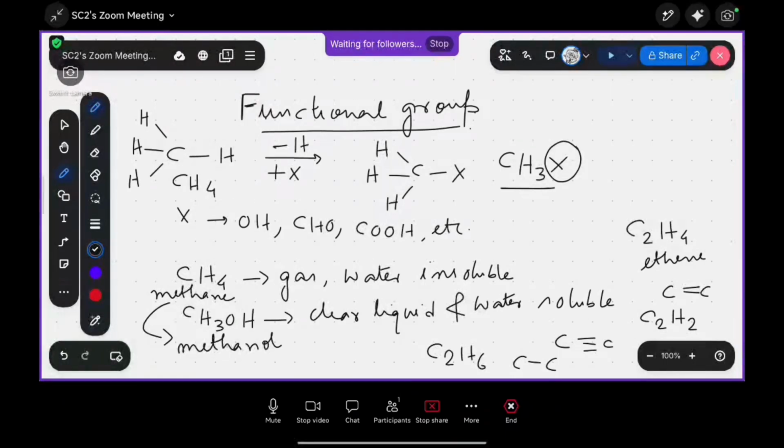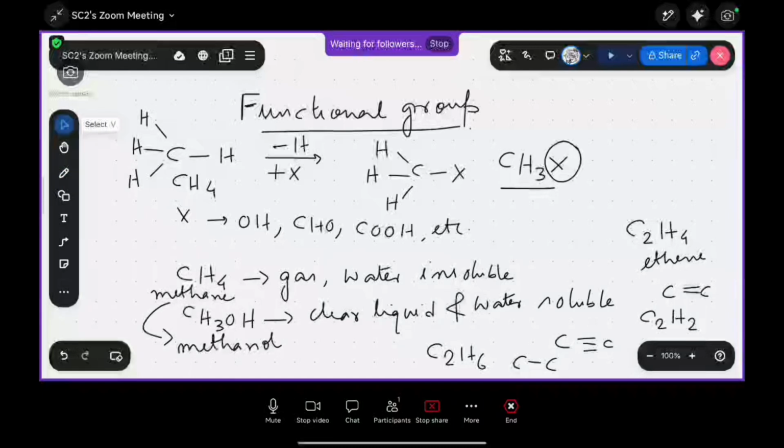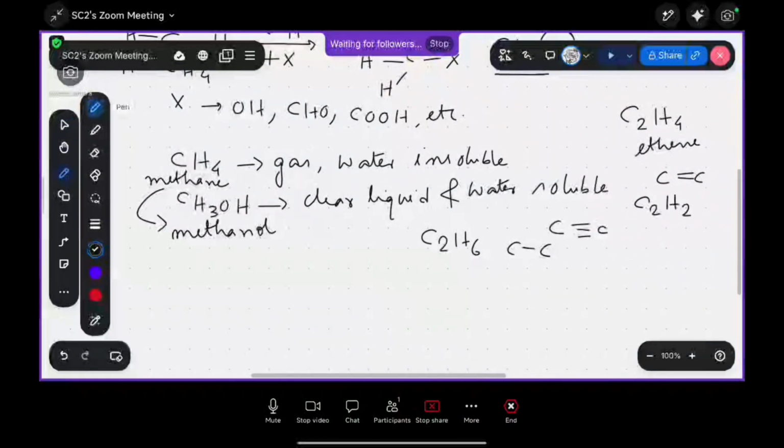Once the hydrogen atom is replaced by any other group or heteroatom, the newly formed compound has completely different properties. But what if I speak about CH3OH and C2H5OH?